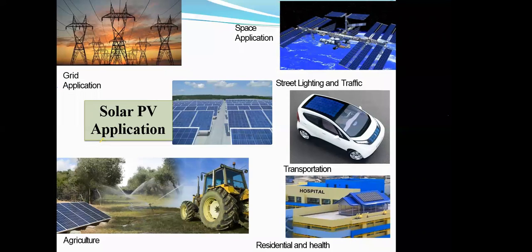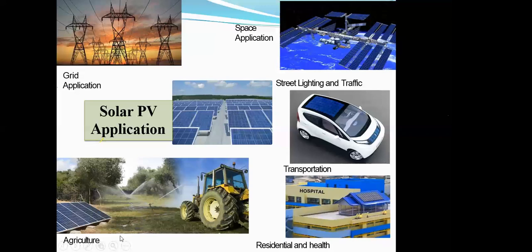They have solar panels on their body, and these panels convert the available solar light into electrical energy, with the help of which we can travel in space also. It's a very good application of solar PV, and it helped the scientists a lot. Similarly, in transportation systems, you have seen solar cars coming up.